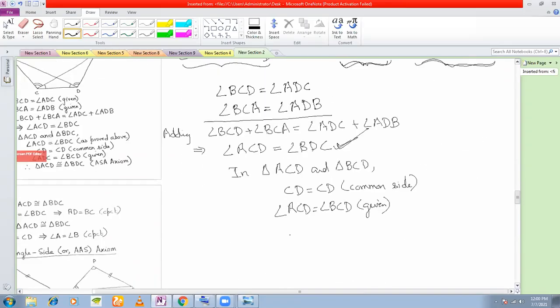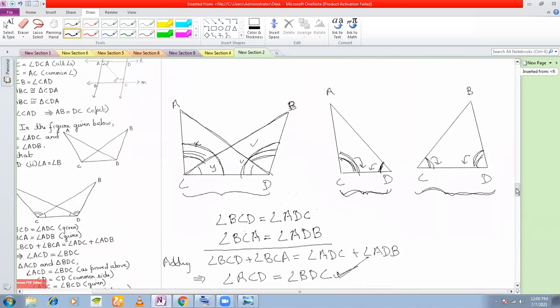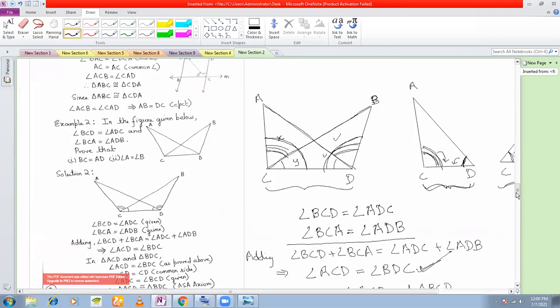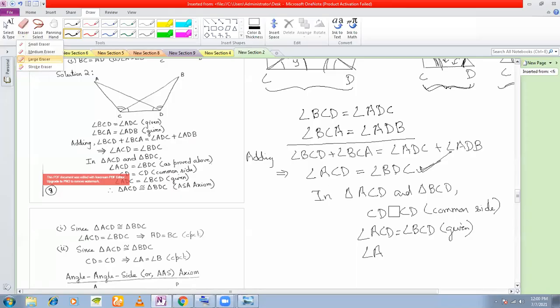Sorry, not angle ACD. This angle is given to you as ADC. This is angle ADC. This is given to be equal.